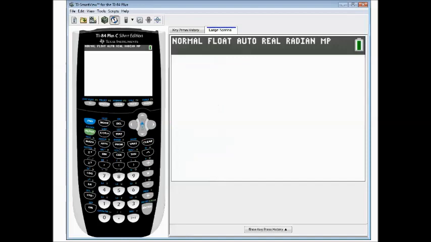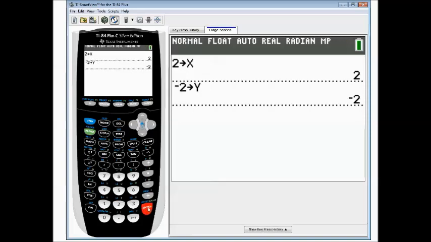So on my calculator, I'm going to take 2, store as x, and I'm going to take negative 2 and store as y. Now I don't have y right up here. We know where x is, but for y, if we notice on my calculator, I have all these green letters. So I'm going to hit alpha 1, because that's where my y is, and I can hit enter.